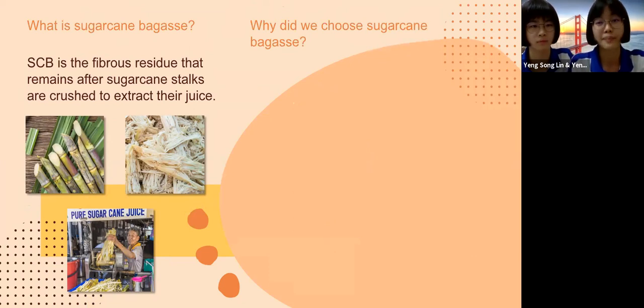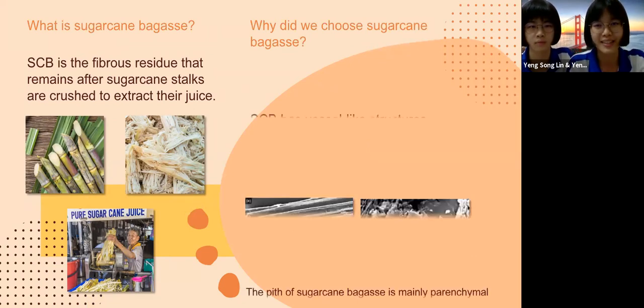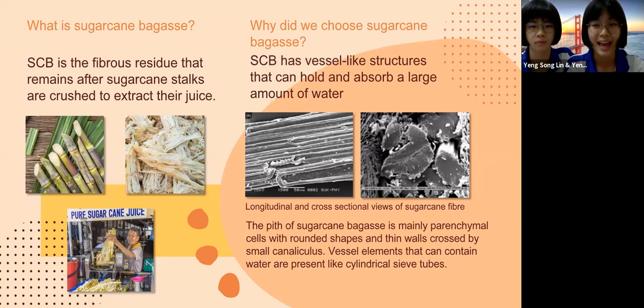Well, why do we choose sugarcane bagasse? This is because sugarcane bagasse has these vessel-like structures that can hold and absorb a large amount of water. So as you can see in this picture, the sugarcane bagasse contains this vessel structure that can hold a large amount of water.